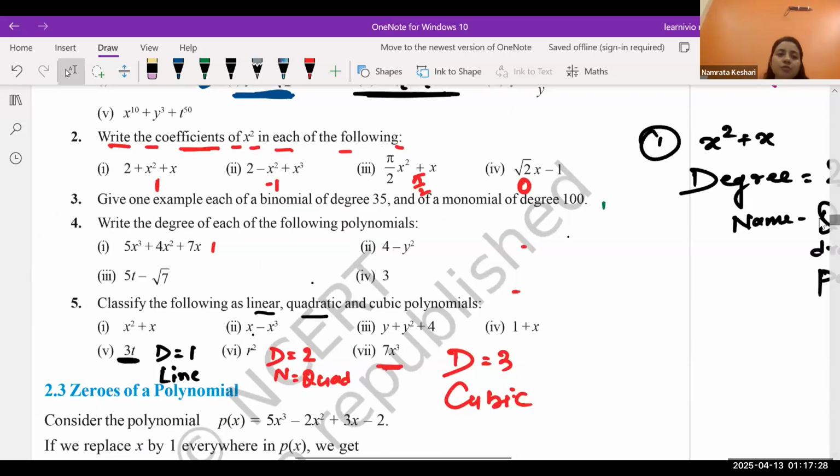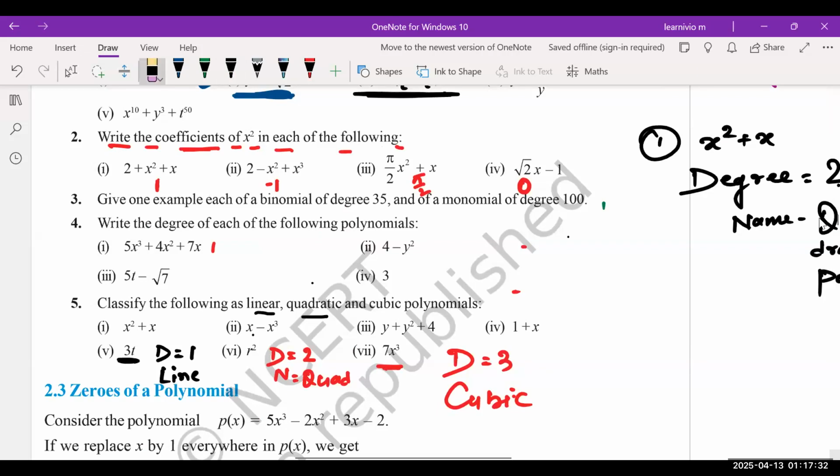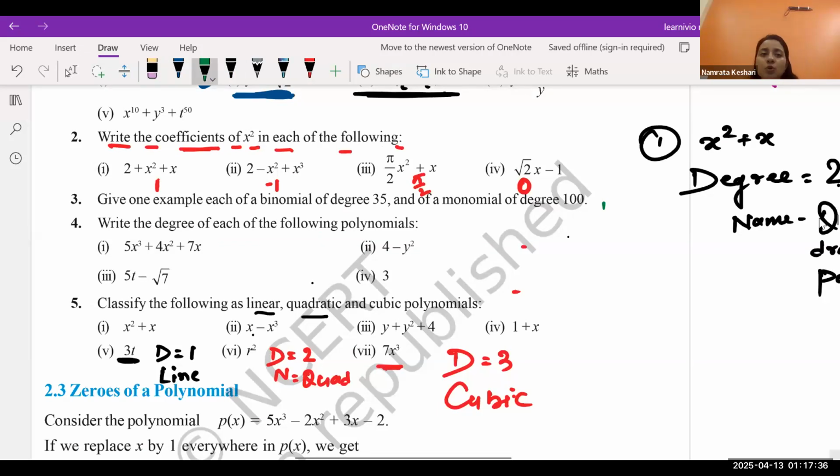Are you able to read question number 4 over here? Yes, ma'am. Whatever maths problem we are solving, whatever the question, anytime, anywhere, any question we encounter, we will carefully read the instruction. So, write the degree of each of the following polynomials, it says, right?